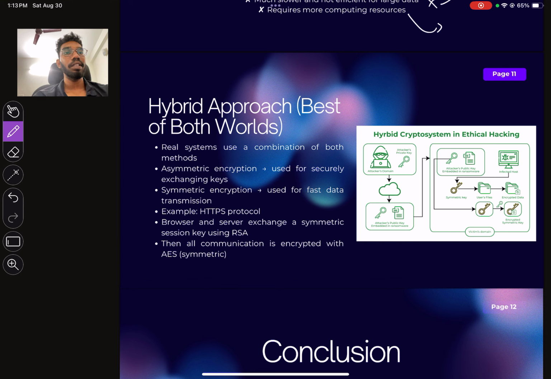So here is an example of how both techniques are combined to make a hybrid approach. Asymmetric is used for exchanging keys, and symmetric is used for fast data transmission.